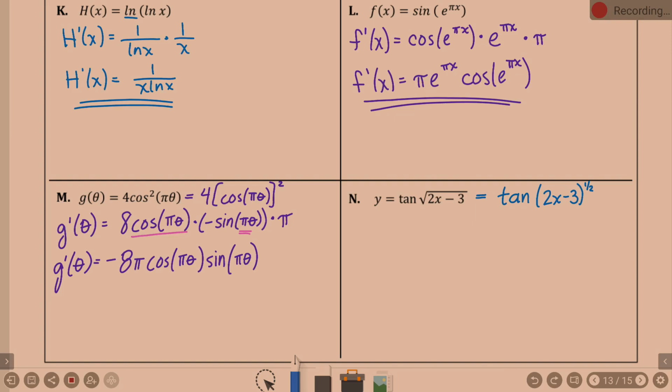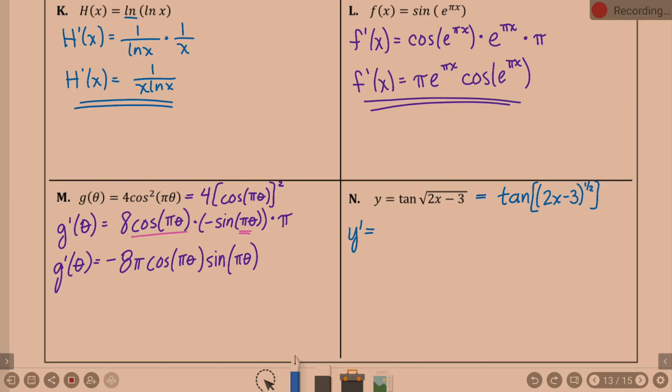What's the outside function that we're starting off taking the derivative of? This 1/2 is part of what is inside tangent. The part inside tangent, the variable, is the square root of 2x minus 3.